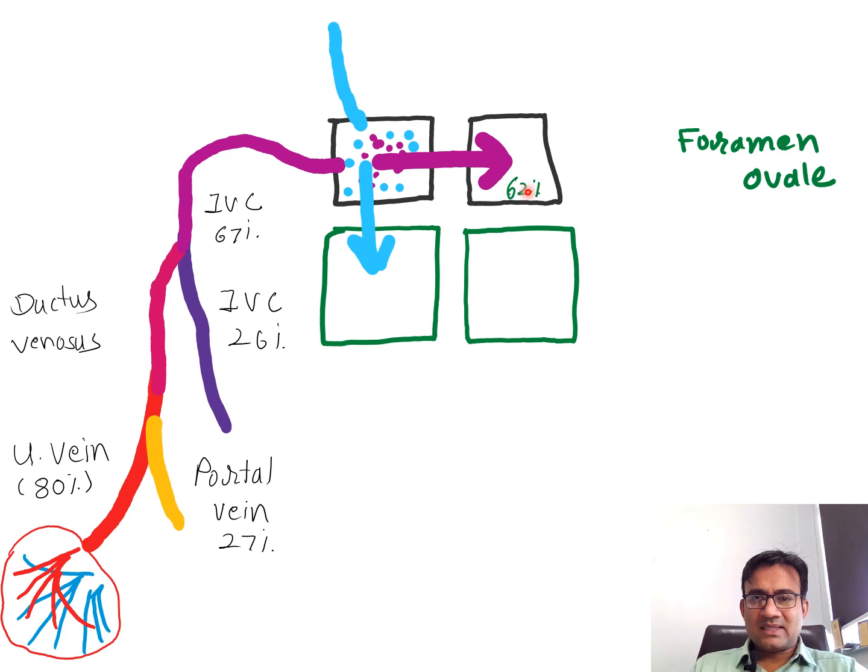By the time it reaches here, it is 62% in the left atrium, and here the percentage is how much? 52%. So till now blood has reached this way and in the left atrium. Now we will say what is the next thing which is going to occur. For the SVC, I have told you the saturation is around 25%.